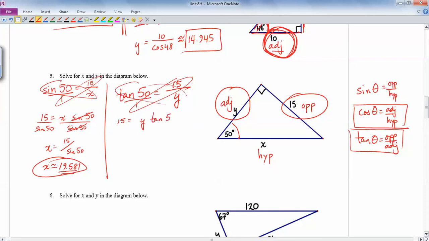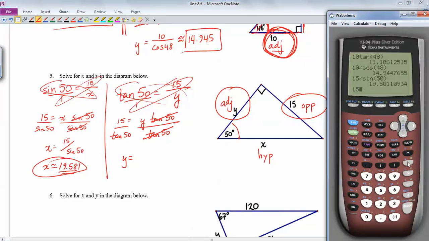And then if I divide both sides by tan 50, those go away, and I get y equals 15 over tan 50. 15 divided by tan 50 equals 12.586 about.